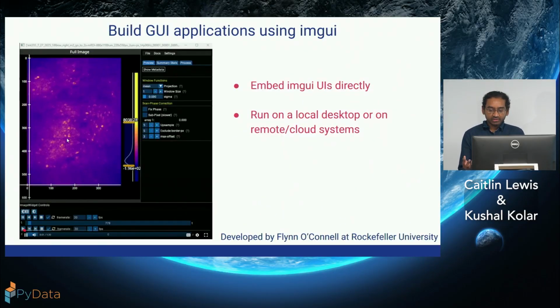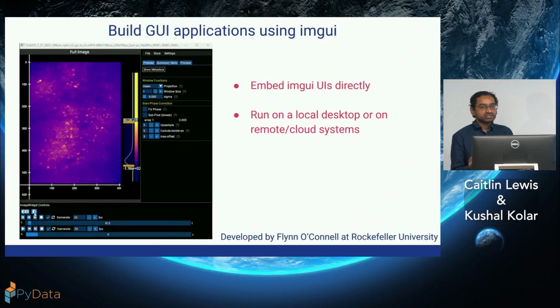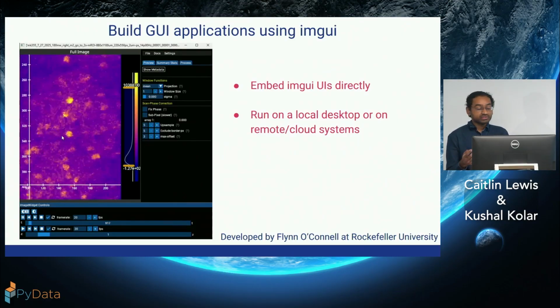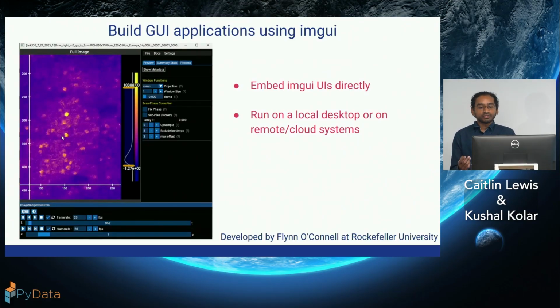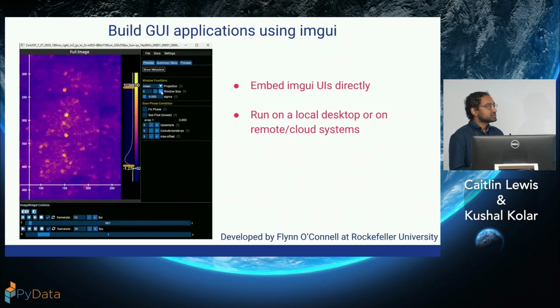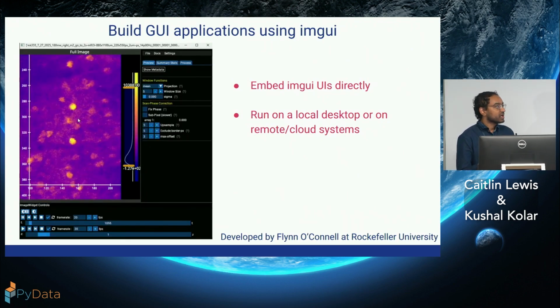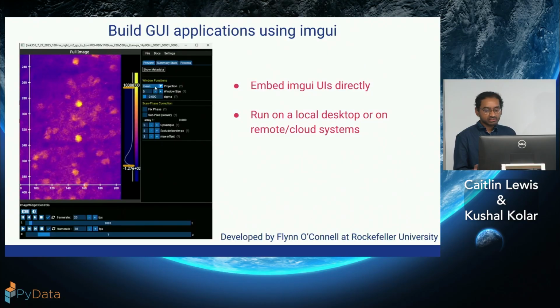Okay, and here's another example. fastplotlib is not just for building basic visualizations, but if you use MGUI, you can use it to build entire applications that you might want to ship to end users in a science or engineering setting.